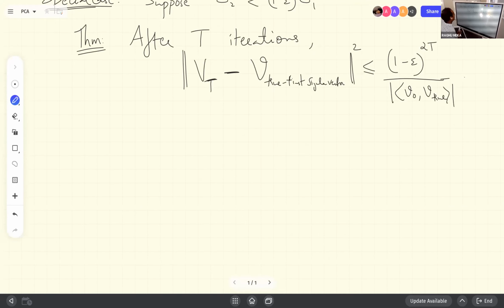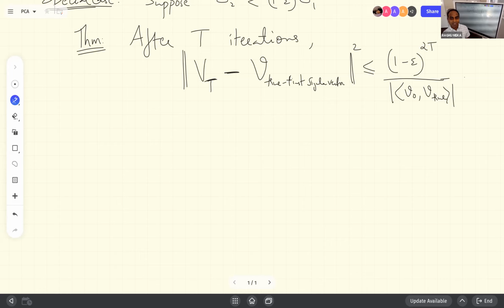All right, so let's try and analyze why this is happening. Why is this converging so fast? There's one more aspect here, which is that your convergence depends on how close your initial vector is to the true singular vector.